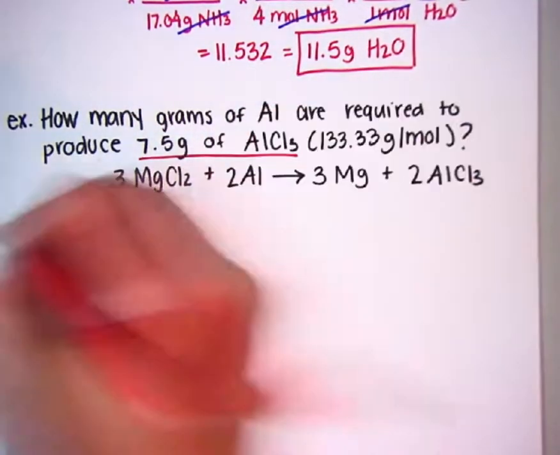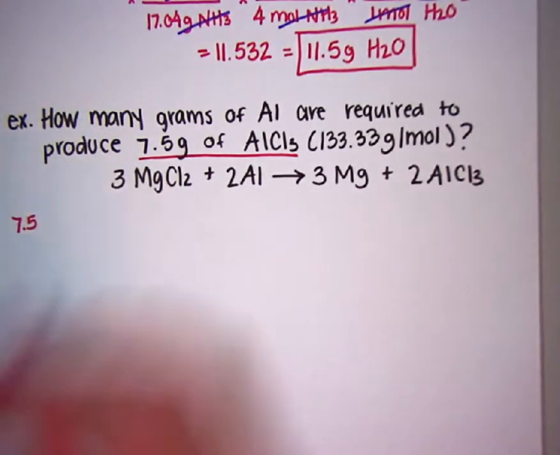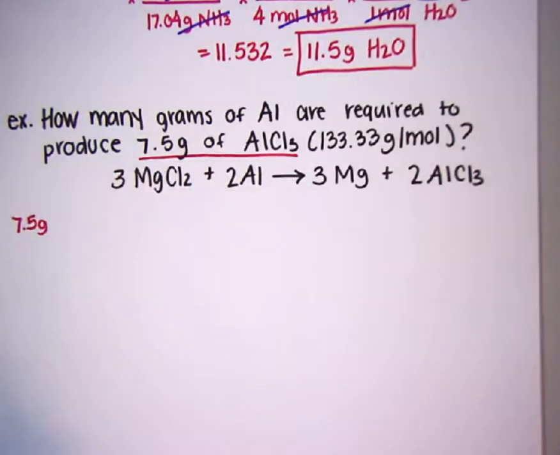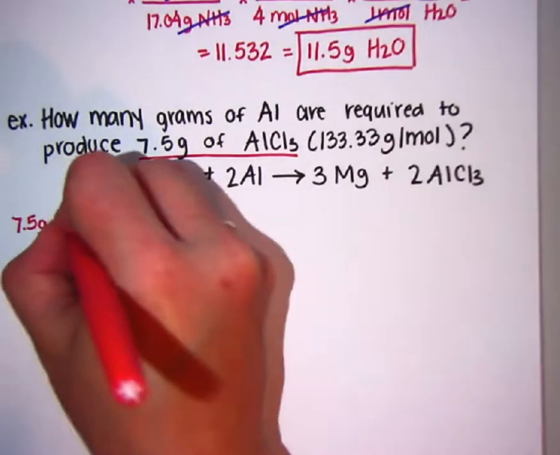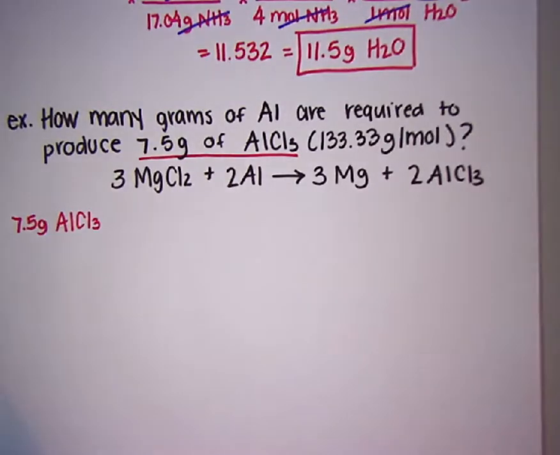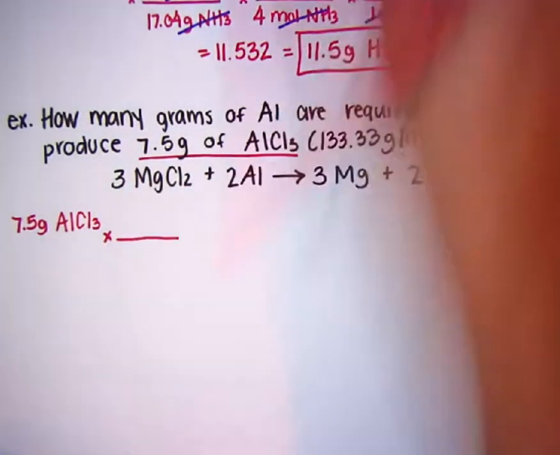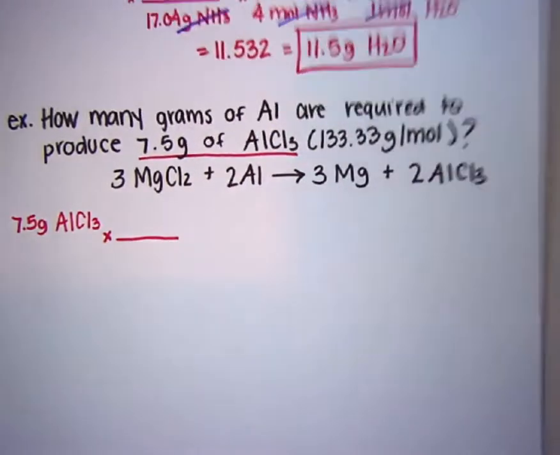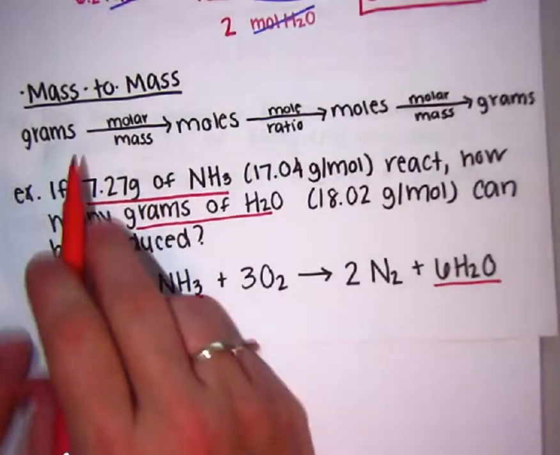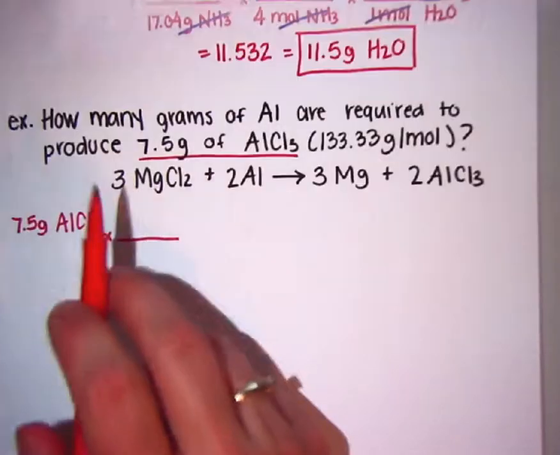So we're always starting with the given. You should be writing the quantity, the units, and the substance. 7.5 grams aluminum chloride. Following our roadmap, if we're starting with grams, the first thing we're going to do is plug in the molar mass to get to moles.